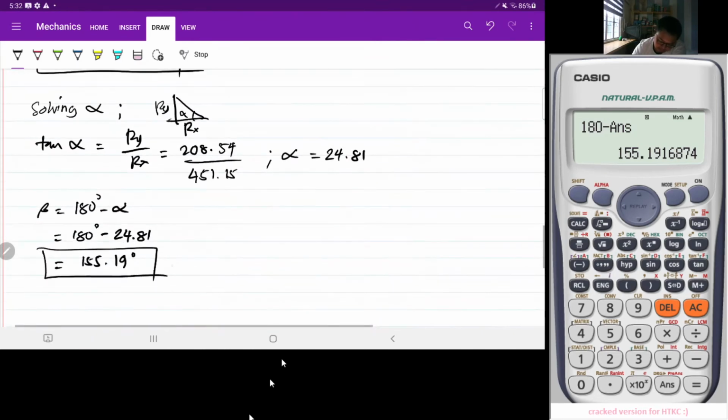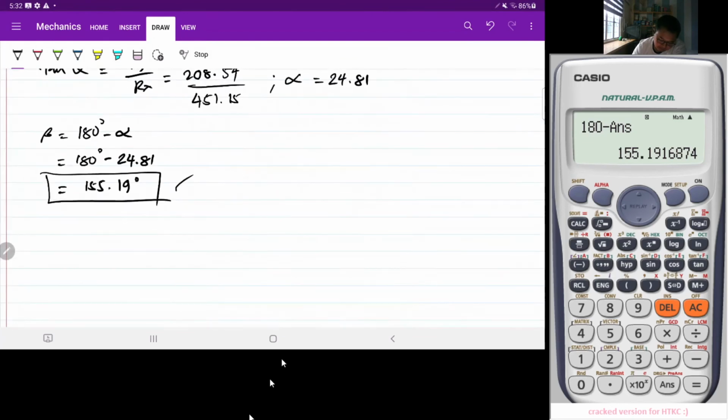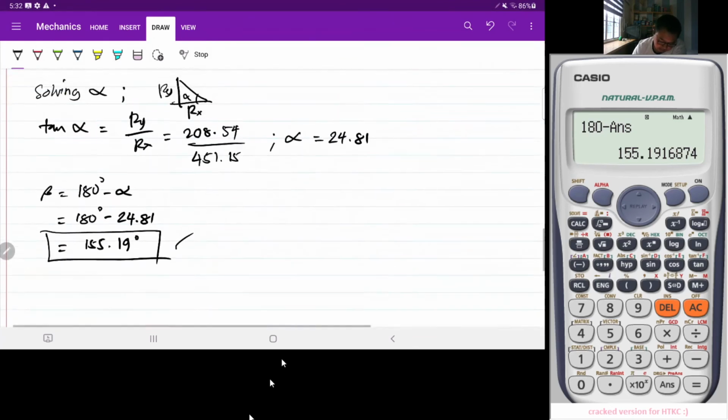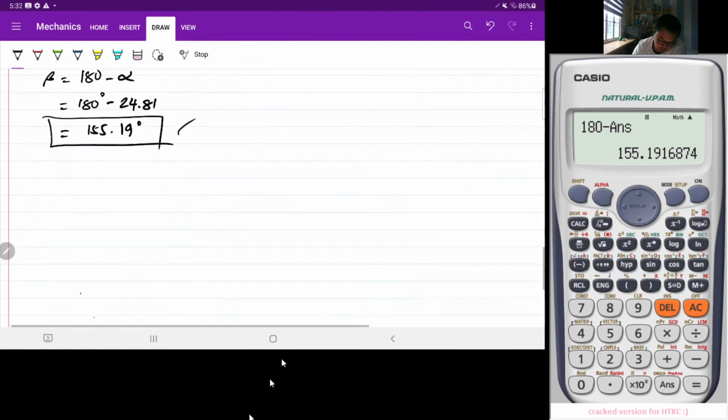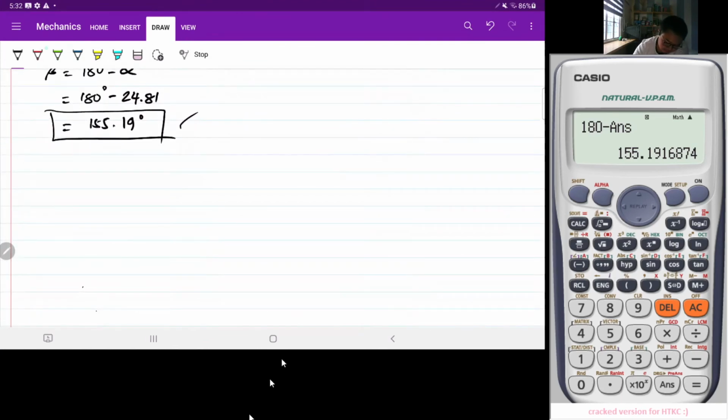So, okay, this is a very good solution, but it is better to have an alternative solution, no? So I have here a much shorter solution by using the parallelogram method. Okay? But this parallelogram method can only be applied if you have two external forces.